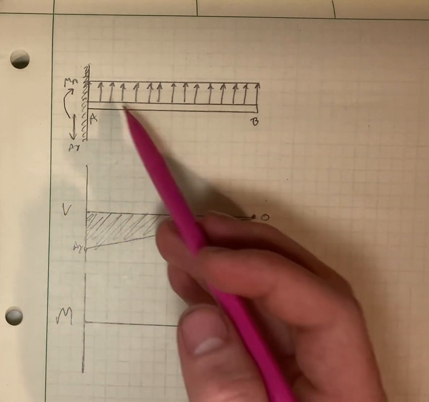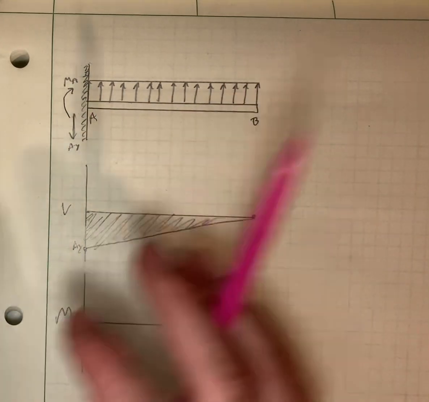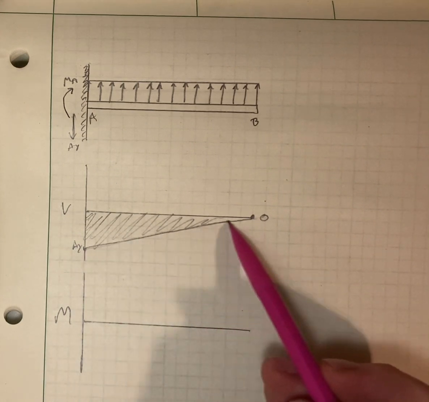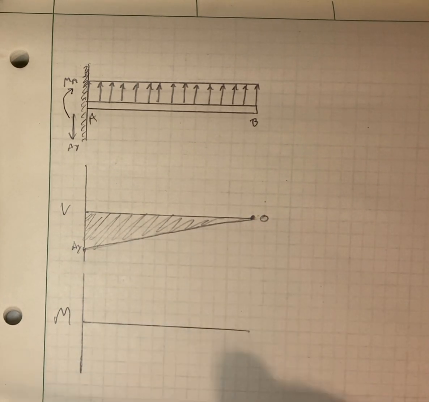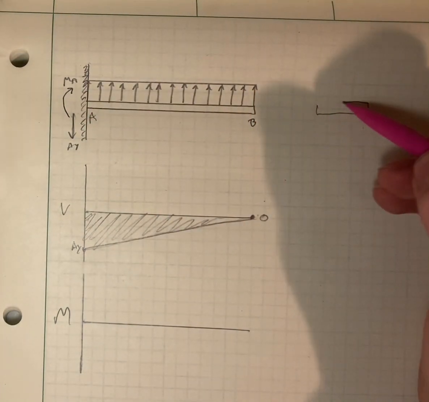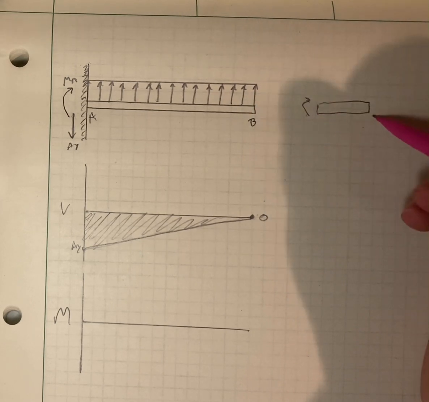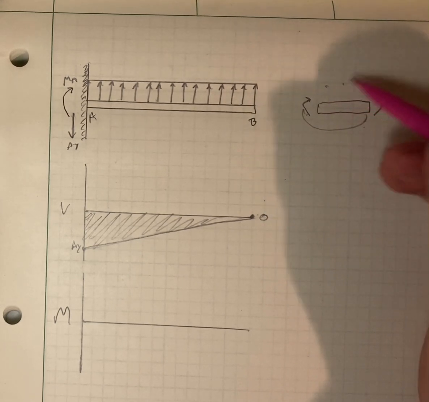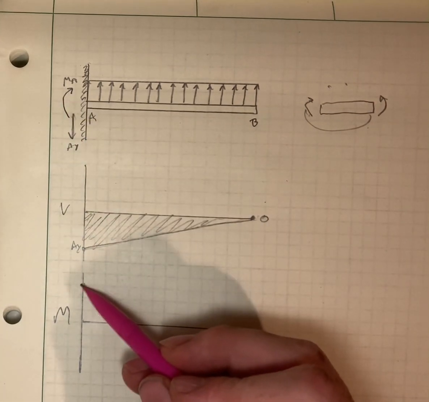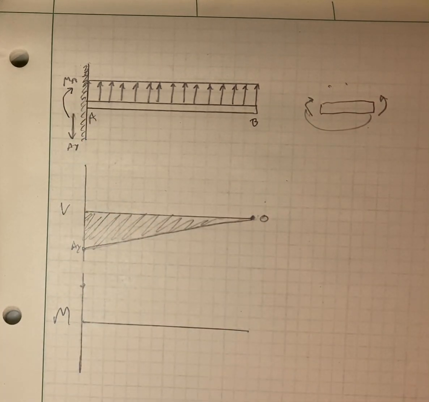And again, you think of it, distributed load, it's constantly pushing over the distance, so it's constantly going up back to 0. And then for the moment, so this is positive moment bending, right? Got our little smiley face out. Positive. So the moment here, we're starting with a moment, is going to be positive. It's going to be up there.